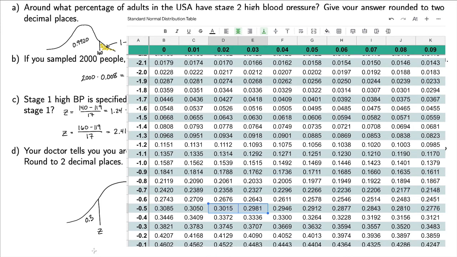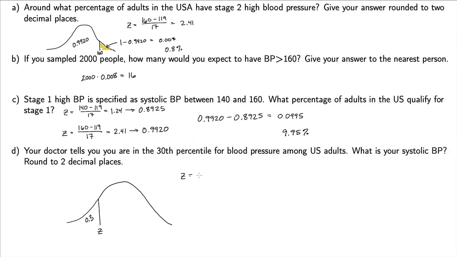So that would be a z-score between negative 0.52 and negative 0.53. I'm just going to pick the number right in between them, negative 0.525.